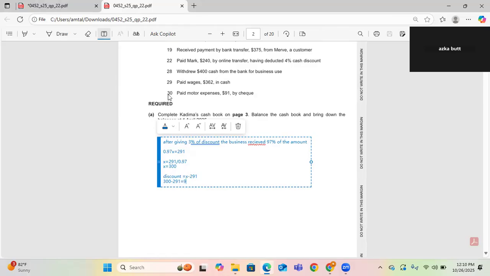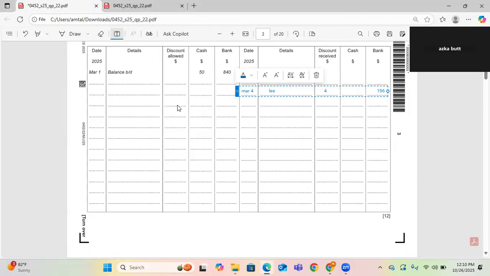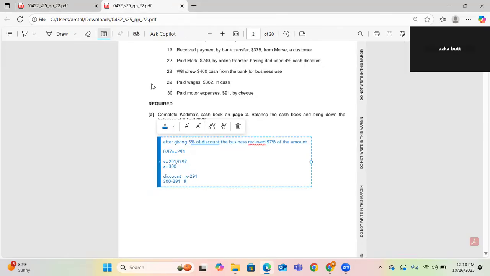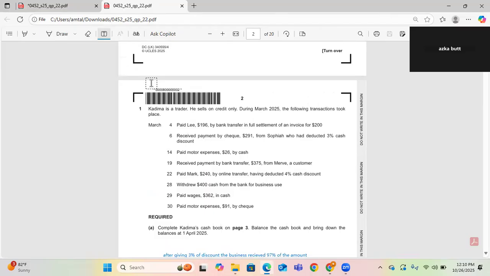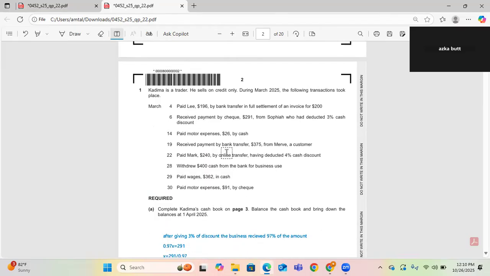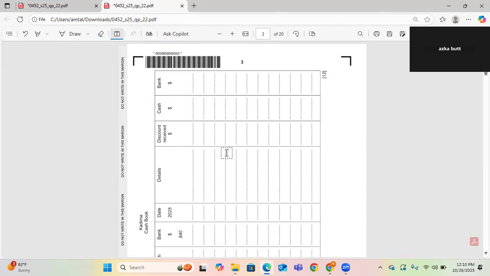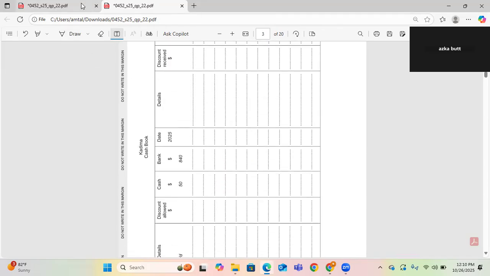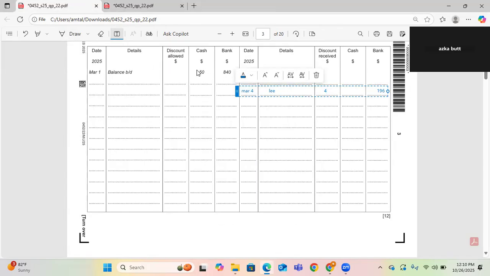Okay. So we will be writing it here on the debit side. Do we have any opening balance? Let me see. Yeah, the opening balance is already written in the cash in the bank account.